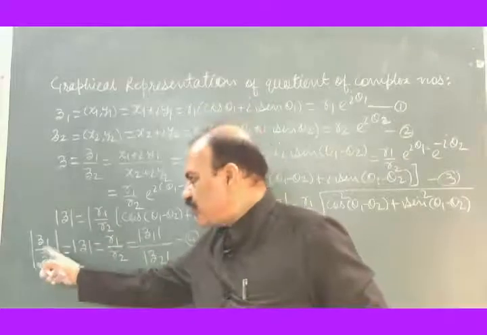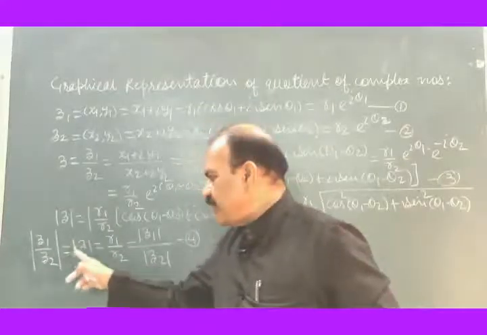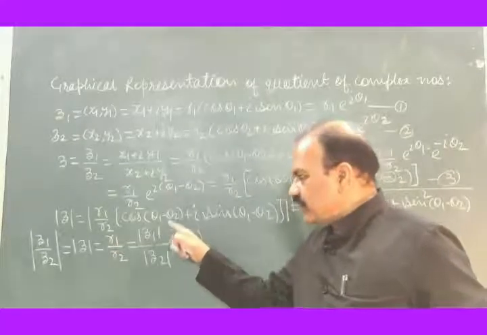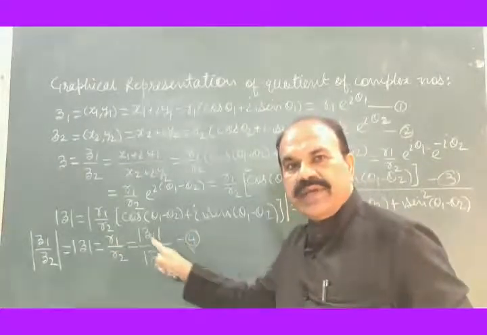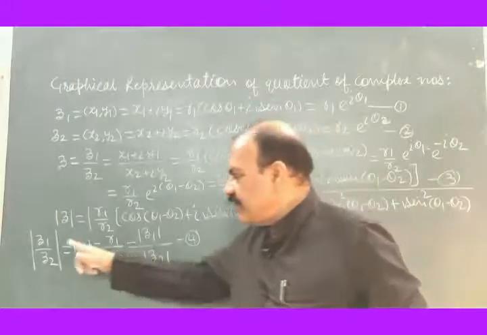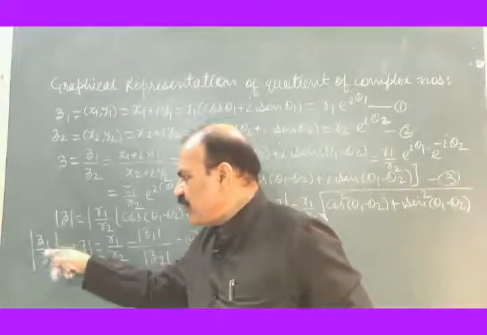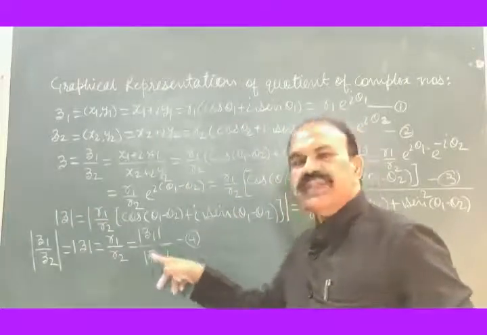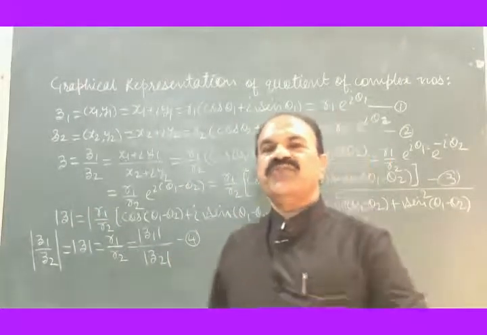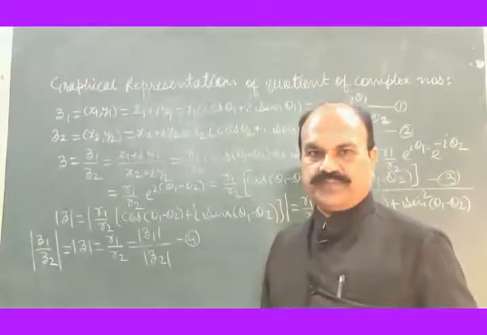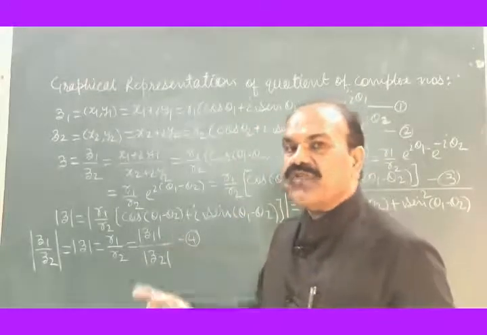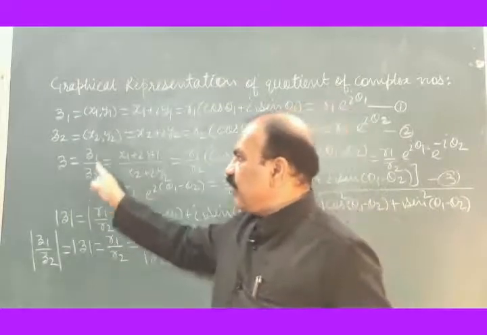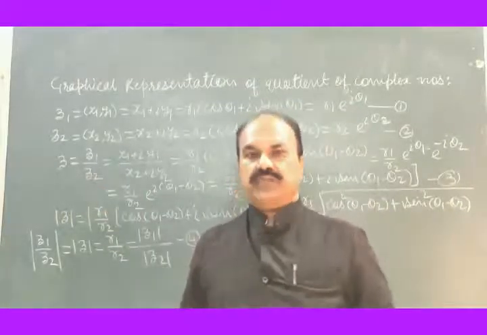Modulus of quotient of two complex numbers is equal to quotient of their moduli. This conclusion is drawn from equation 4. We have written equation 4 for modulus of quotient of the complex numbers Z1 and Z2.